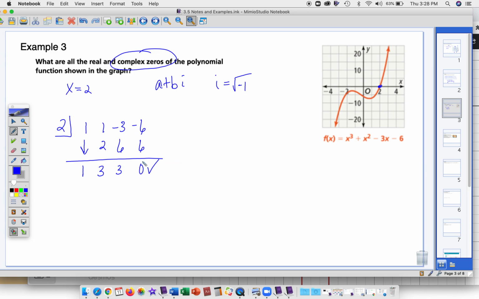And I know that because of the fact that I knew that 2 was a 0. If you know what the 0 is and you do your division and you don't get a remainder of 0, go back and check your work because something is definitely wrong. Or that number really isn't a 0, right? Maybe it's like 2.1 or 2.2, but if it's actually 2, and you do division by 2, you should get remainder 0.